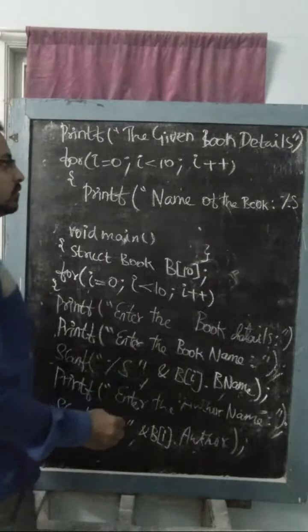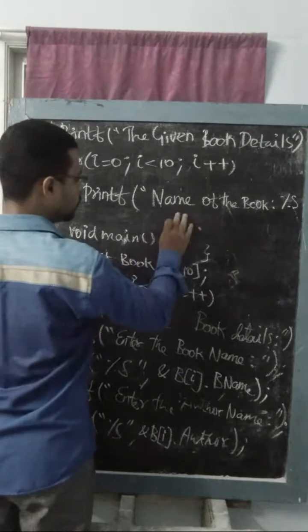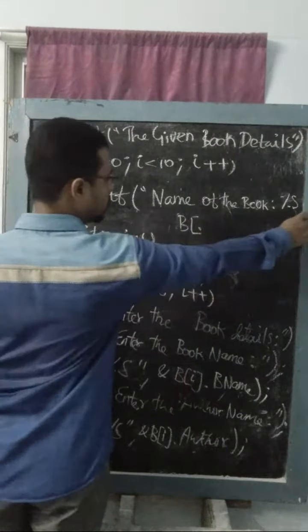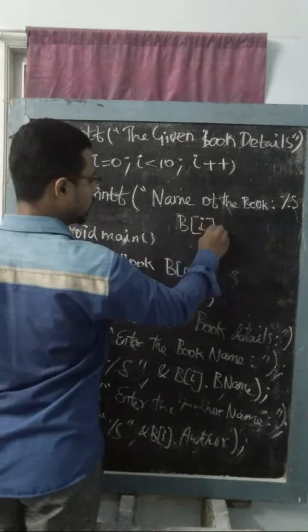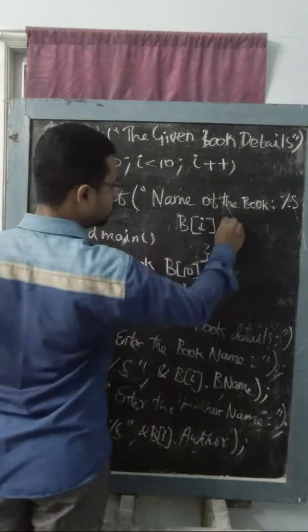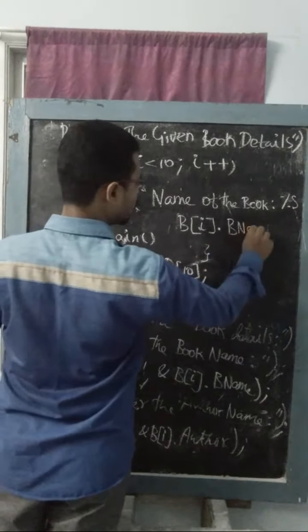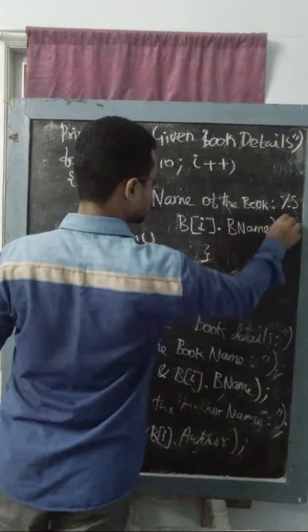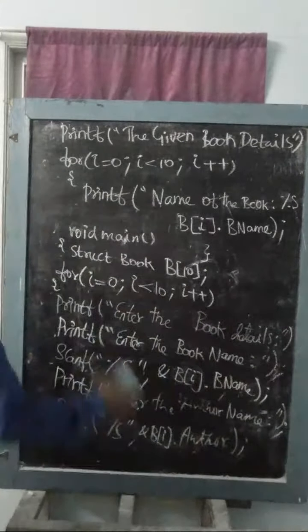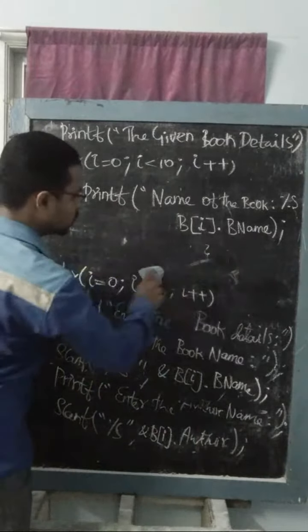What is the value? B of I. After comma, you have to write B of I dot book name. You have to write B name. Okay. So what about author? You have to write like that. The same pattern you have to write.